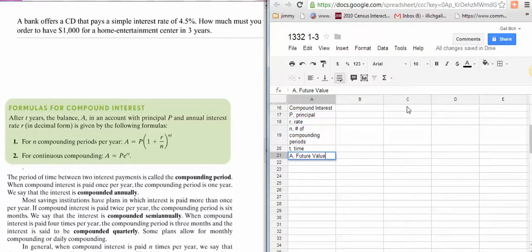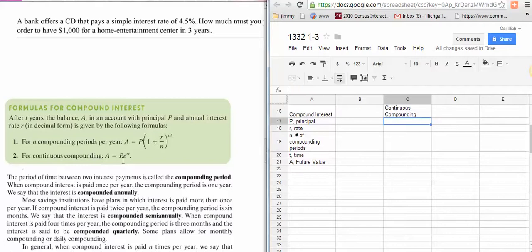And then we're also going to have a formula for continuously compounding interest, so I'll go ahead and put that one in. Compound. That formula requires a P, for principal, and it requires a rate, R, and it only requires a t for time.